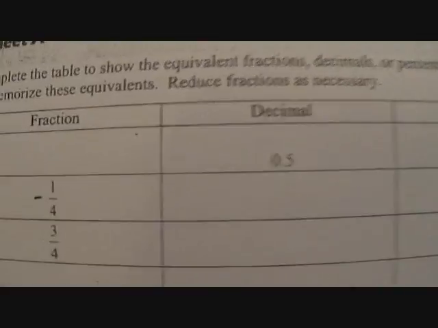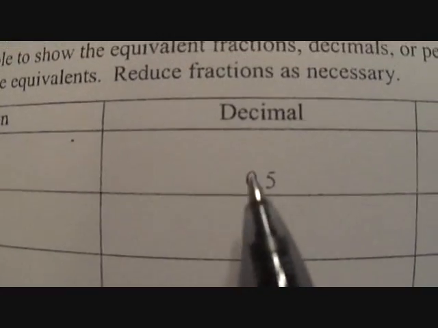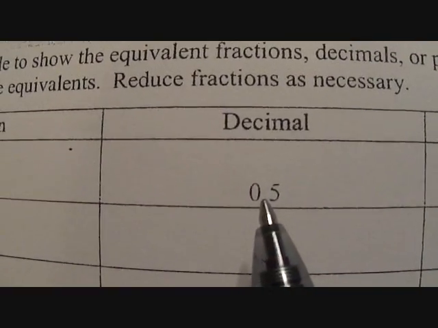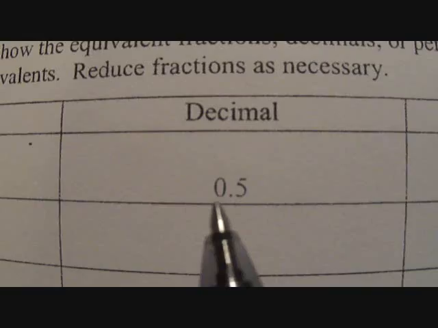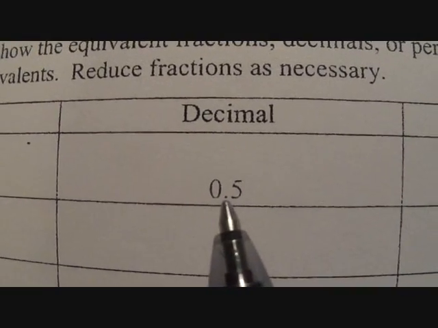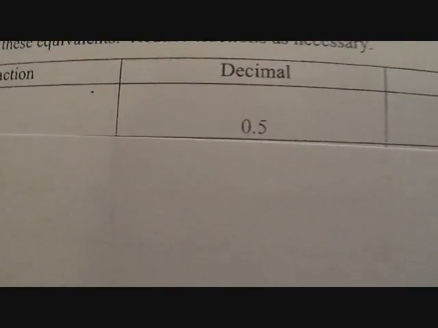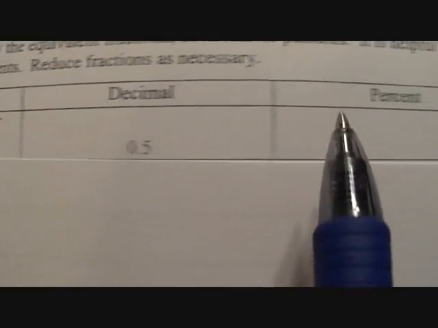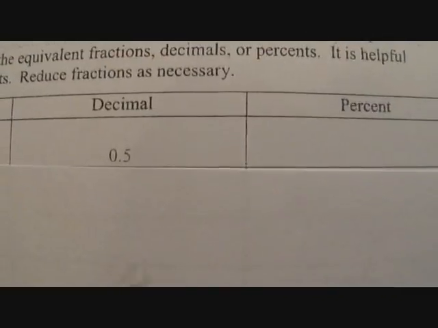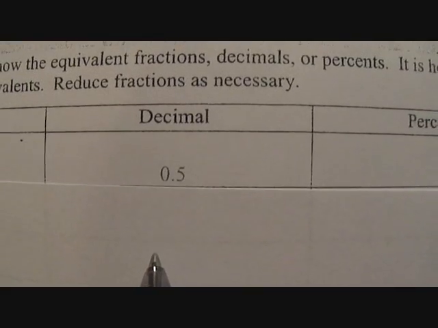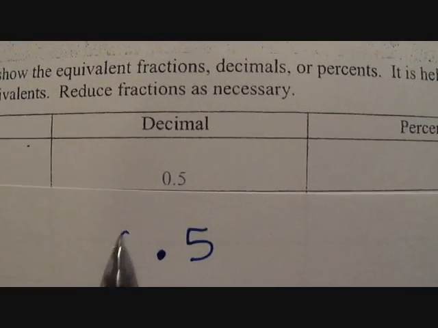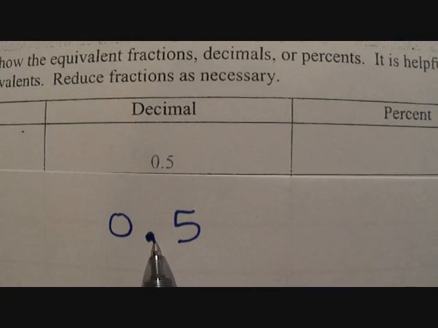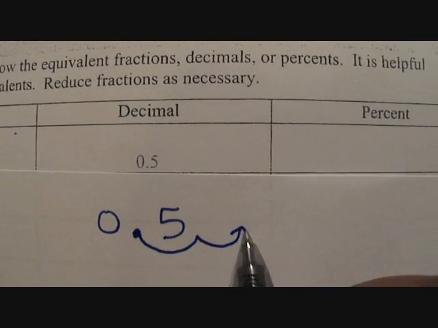So we're going to go ahead and get started, and I'm just going to do the first one. The first one is 5/10, which is a benchmark fraction and must be memorized by the end of the school year. Now, to convert this, I'm going to go from a decimal to a percent because I've memorized that, and I know for 5/10, all I have to do is move the decimal place 2 times to the right.